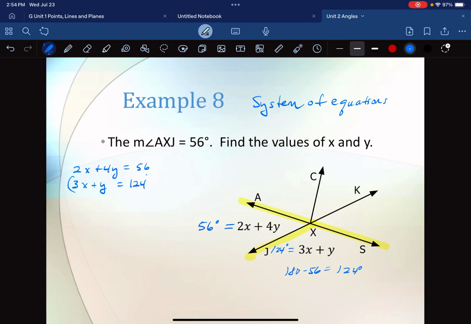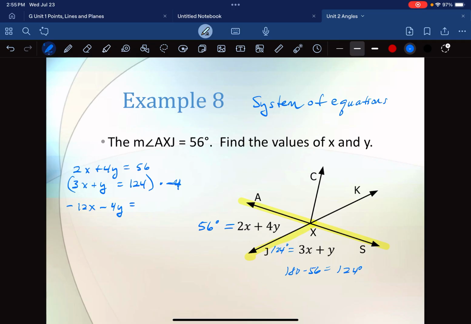Well, that's simple. You just multiply by negative 4 and it'll become a negative 4y. But you need to multiply the entire equation by negative 4, not just that one term. So we're going to go 3x times negative 4 is negative 12x. And then y times negative 4 is negative 4y. And 124 times 4, I'm going to break out the calculator.